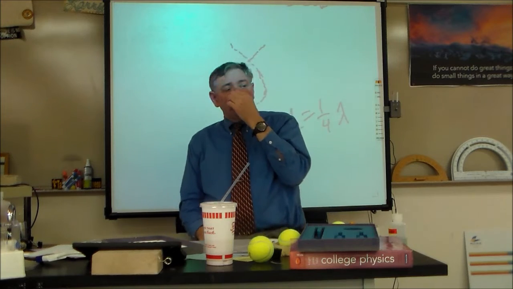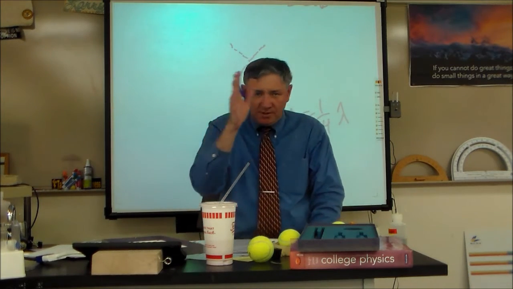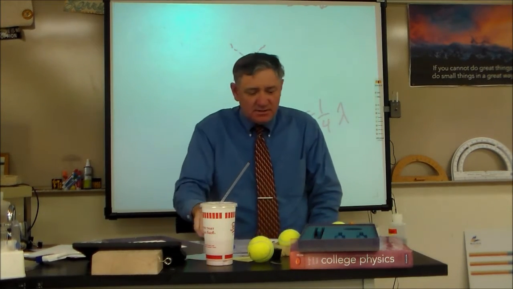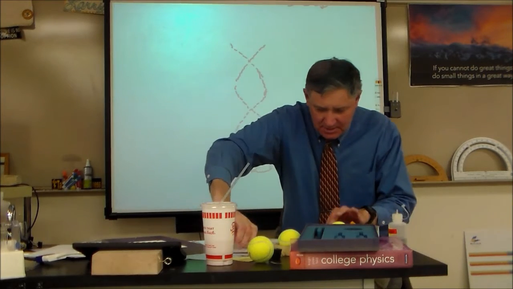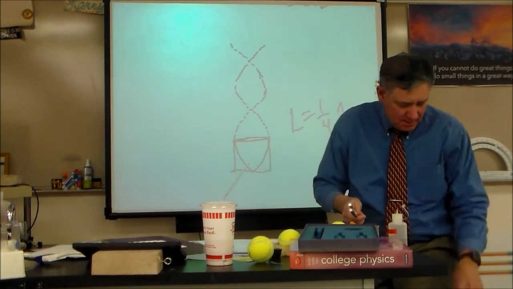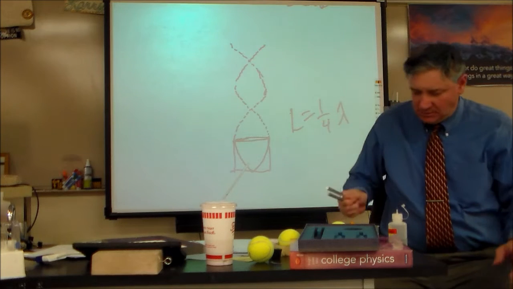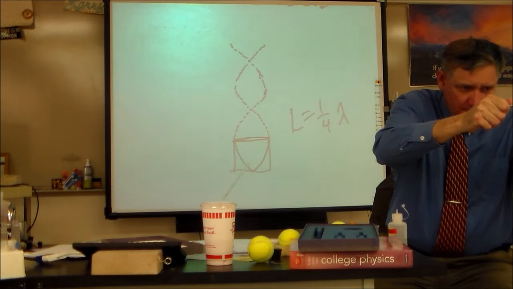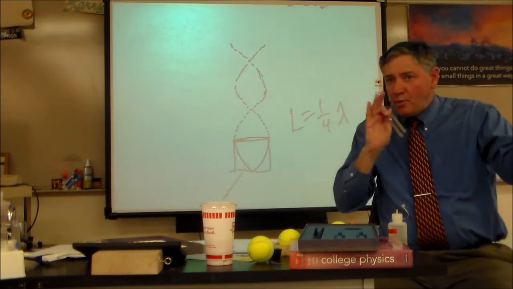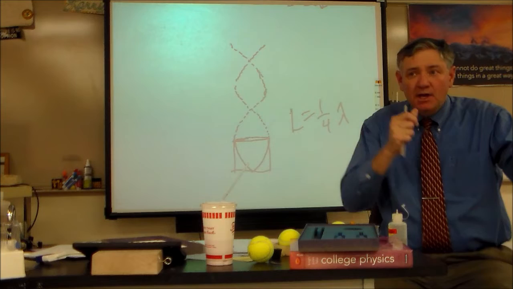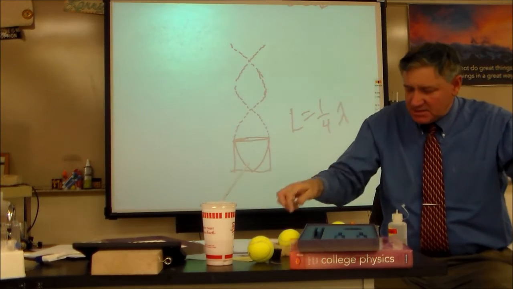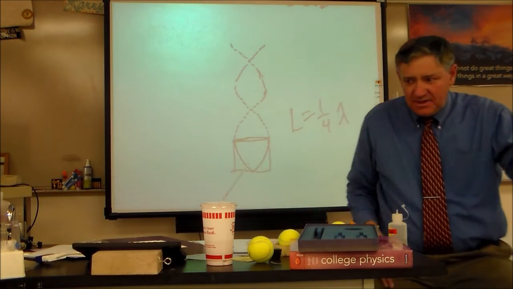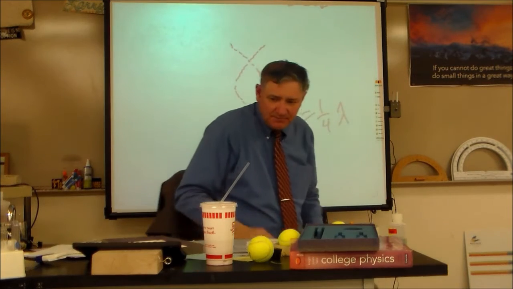Okay, so when you have an open-closed system, so when I did this and held this on here, okay, when we have that point where it gets really, really loud, and we have that constructive interference, mathematically, here's the easiest way to look at this.